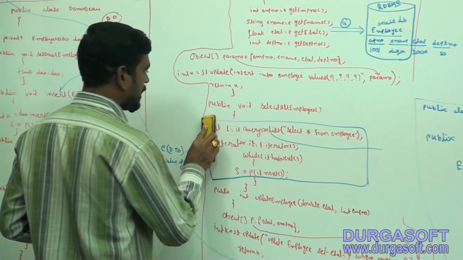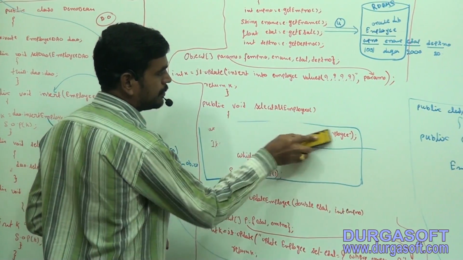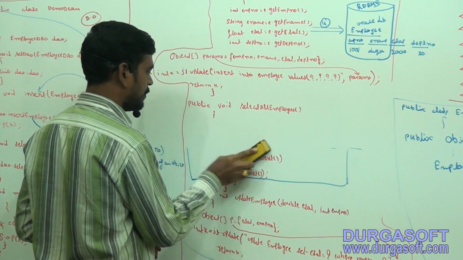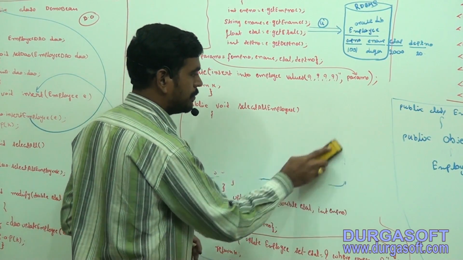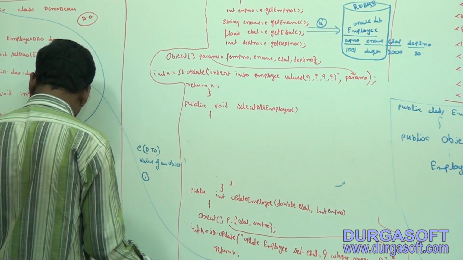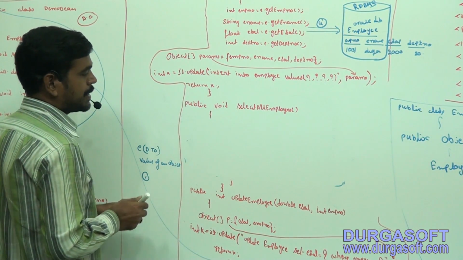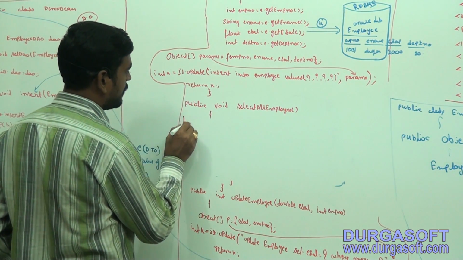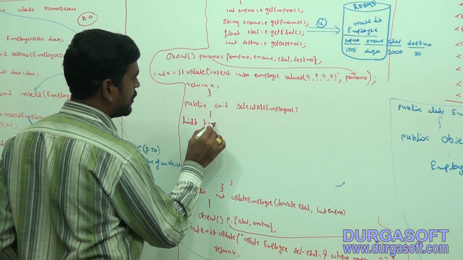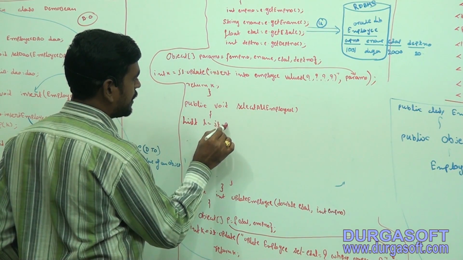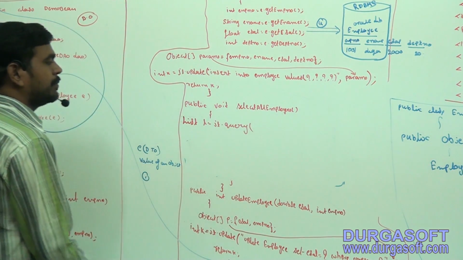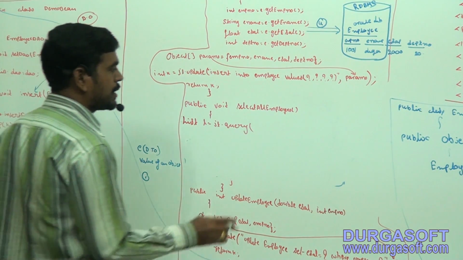Now we can eliminate this piece of code, and this piece of code, and we can write the code like this. See now here, List l = jt.query. Query also is one of the methods.